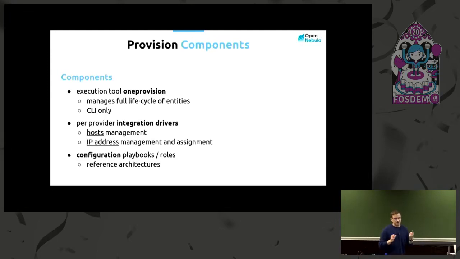One driver which is able to allocate some hosts from the provider or release the host back, and the other one is the mentioned IP management integration driver, let's say. And of course, we have hosts with base operating system. We have some IP addresses. Then the missing part is to configure the hosts so that they can be part of an OpenNebula cluster. So the last part is configuration playbooks and rules for the reference architectures.